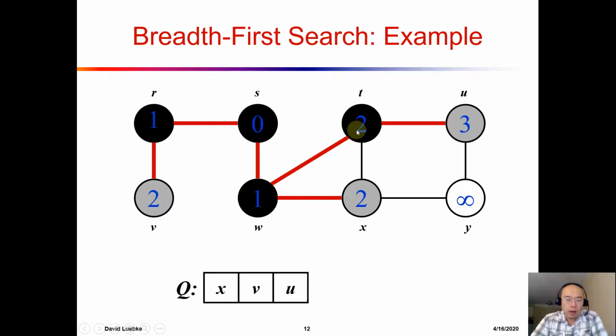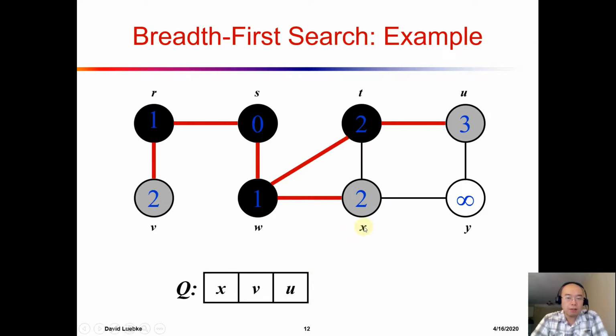However, W is also an adjacent node to T. But since W is black, this means W has already been explored, and we have already finished exploring W. So we don't want to put W into the queue again here.